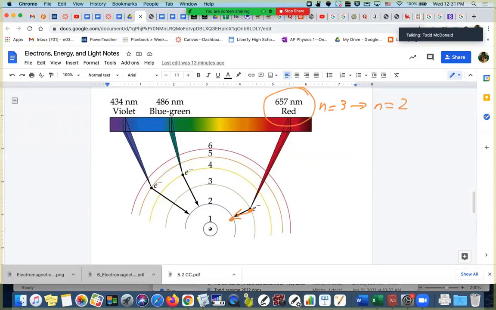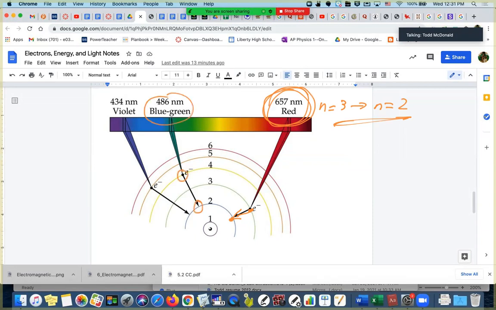And so we visibly could see this if we were to take a sample of hydrogen and excite it with some electricity. Those electrons jump up, and as they fall back down, this specifically, this 3 to 2 energy level fall is going to give off a red light, and we're going to be able to see it. Some of the electrons might be falling from fourth energy level down to second energy level.